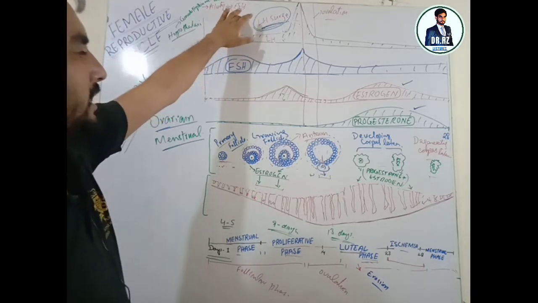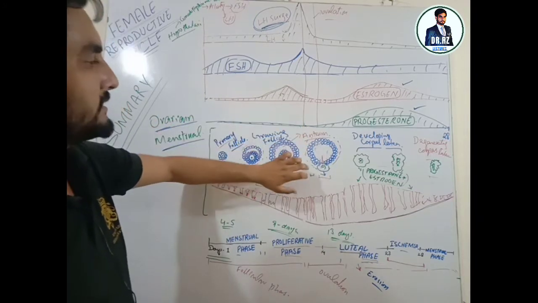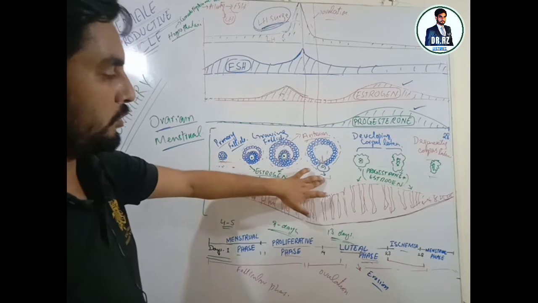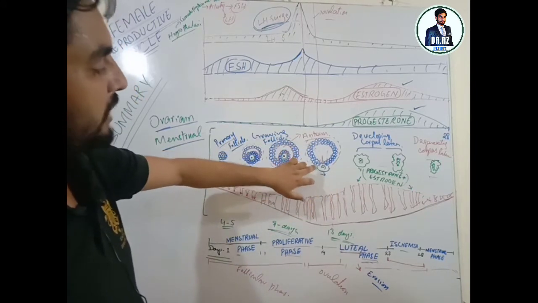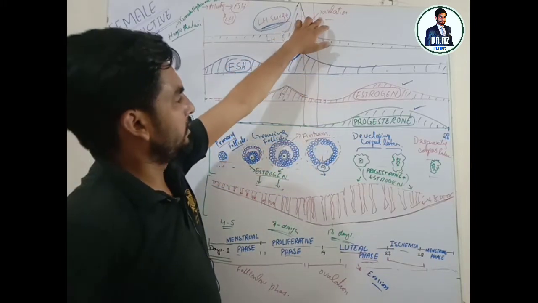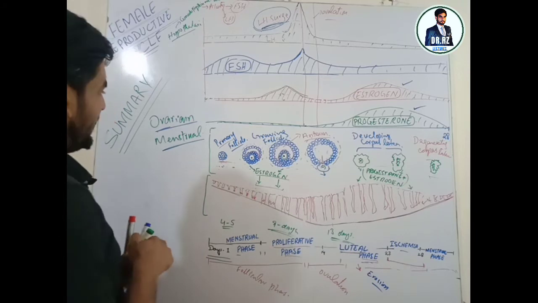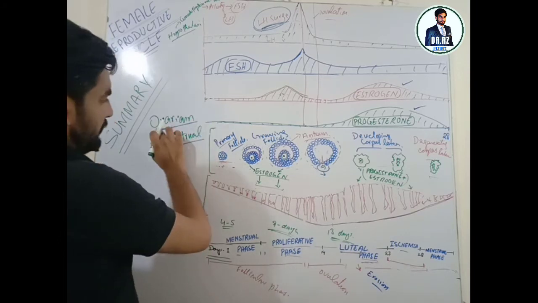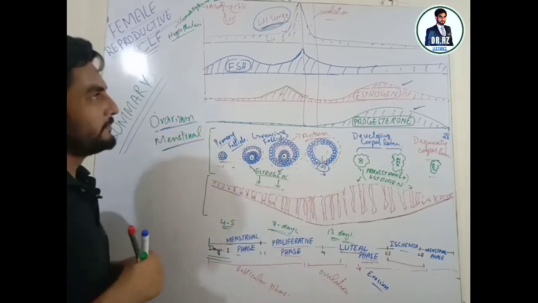This luteinizing hormone caused the follicle to release the secondary oocyte or the ovum. The release of the ovum is called ovulation. Up till here we have studied two phases of the ovarian cycle, the follicular and the ovulatory phase.